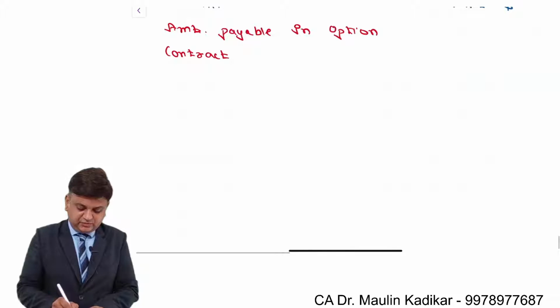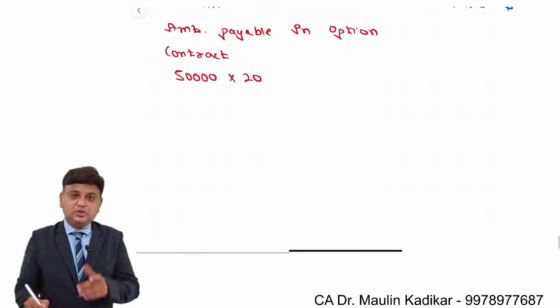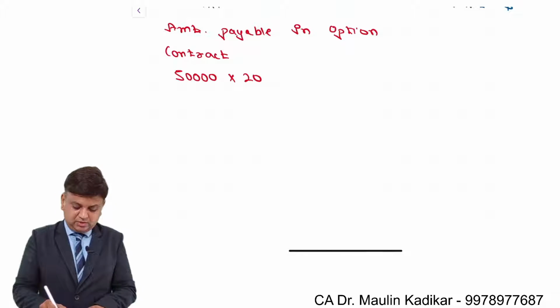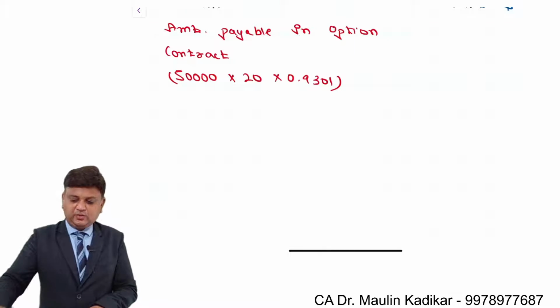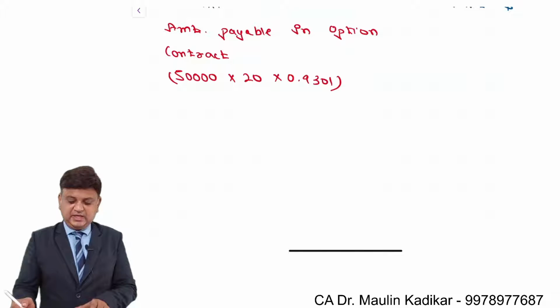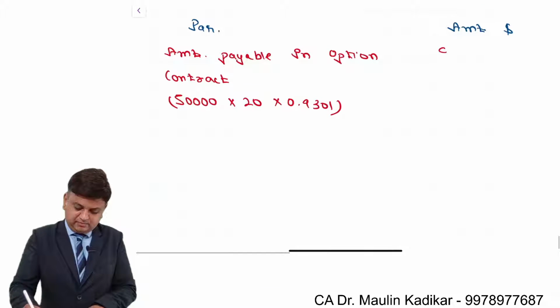So in that it is 50,000 into 20. So this is the amount of the Canadian dollar into 0.9301. So 50,000 into 20 is of course 10 lakhs into 0.9301 is 9,30,100.